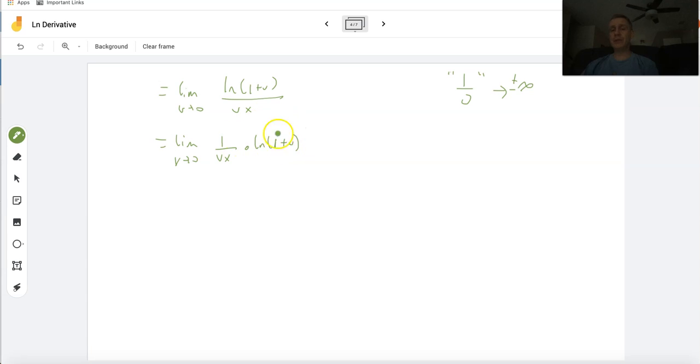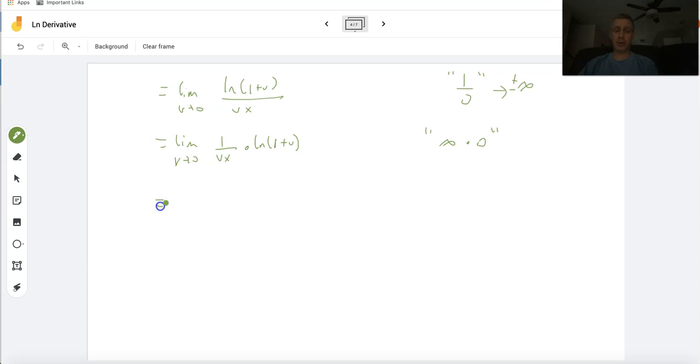And so what we have here essentially is a limit of the form infinity times 0. I claim that this is another one of our indeterminate forms for limits, which means we can't determine what the limit is just based on this. Although part of this is going to infinity and the other part is approaching 0, we can't conclude that this is going to go to 0 or that this is going to go to infinity. We have to analyze this further, and that means more algebra is necessary.